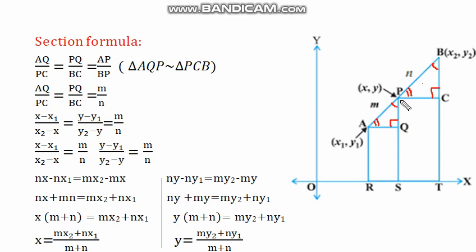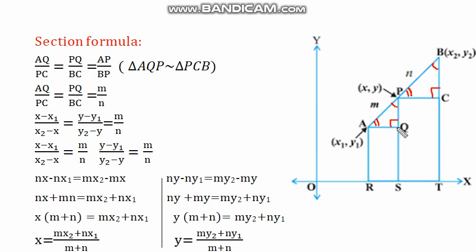So the corresponding sides ratios are equal. We know that already AP equal to m, BP equal to n. So here I took the ratio m and n, so m divided by n. Then we need to find out AQ. So how to find out the length AQ?